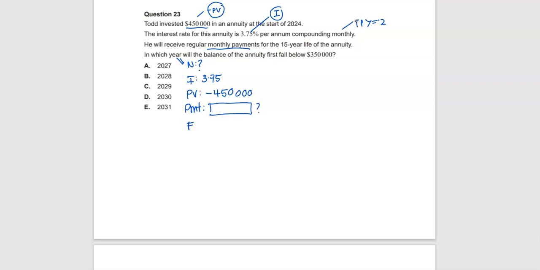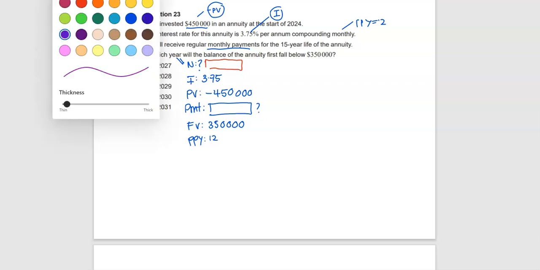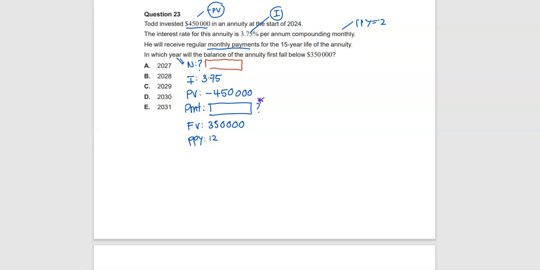And FV: it says in which year will the balance first fall below, so we know that's going to be 350,000. And PPY is 12. Because this is the question, I'm still missing the payment here, so I'm going to have to work out the payments. So off I go to find out what the actual payments are.